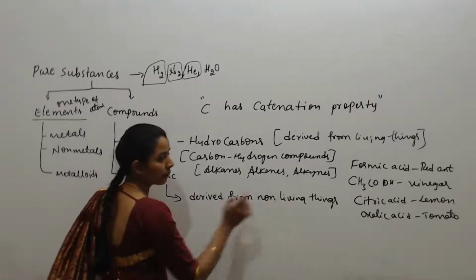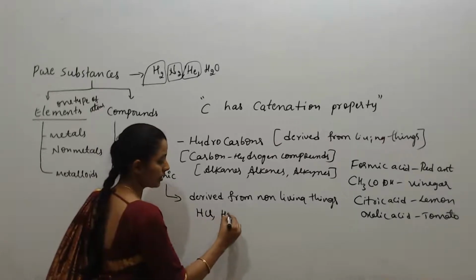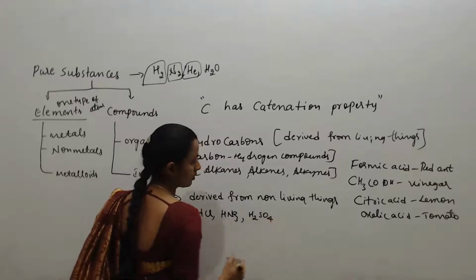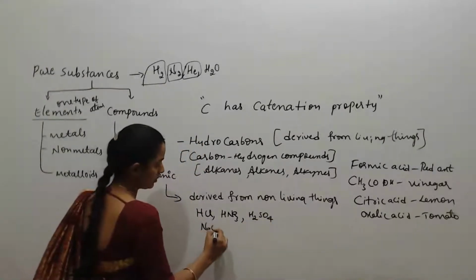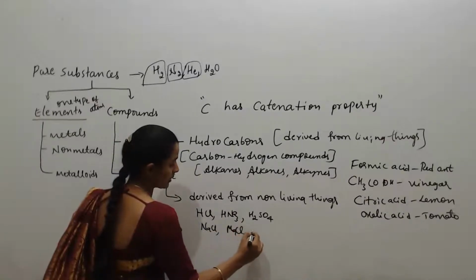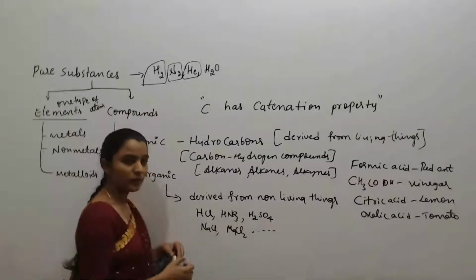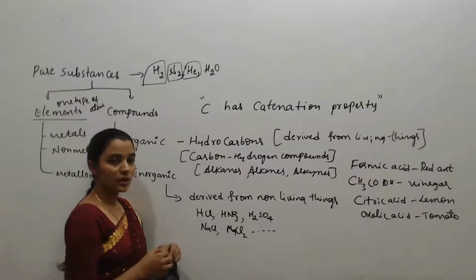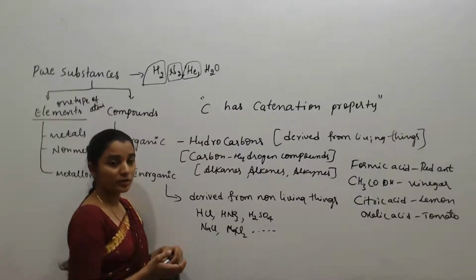And these are derived from non-living things, for example, HCl, HNO3, H2SO4, and next NaCl, MgCl2, etc. NaCl, we know that NaCl is the salt which we use in our daily life, like Tata salt, you know, Aashirvaad, you know.